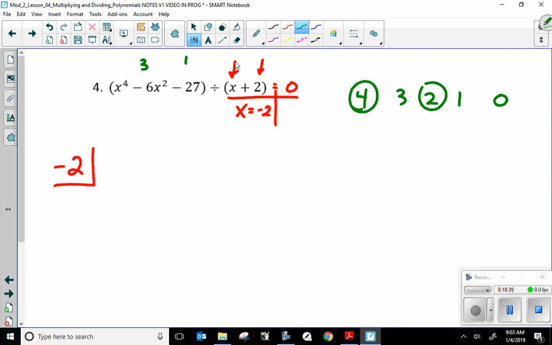So really, I have x to the 4th plus 0x cubed minus 6x squared plus 0x to the 1st minus 27. This is division. Zeros matter, okay? They need to hold those places.